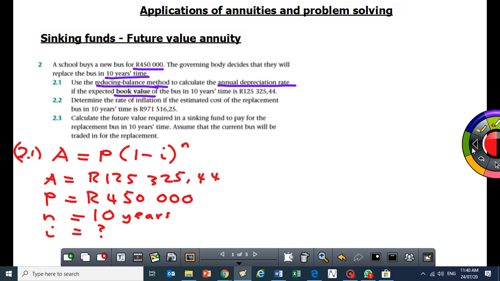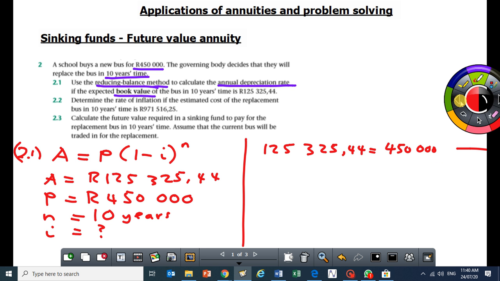All right, so if we substitute into the formula, it will be 125,325.44 is equal to 450,000 times 1 minus i raised to the power of 10.